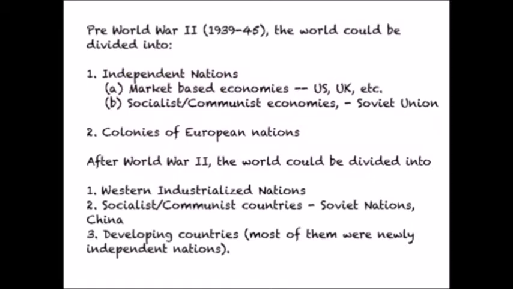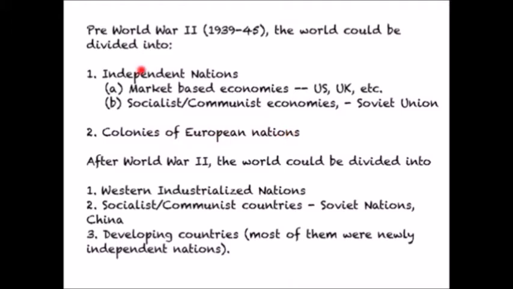To understand the link between international trade and economic development, let us see how the world emerged in the 20th century. If you look at the early part of the 20th century to about the onset of World War II in 1939, the world could be divided into two parts: one, independent nations, and two, colonies of European nations.